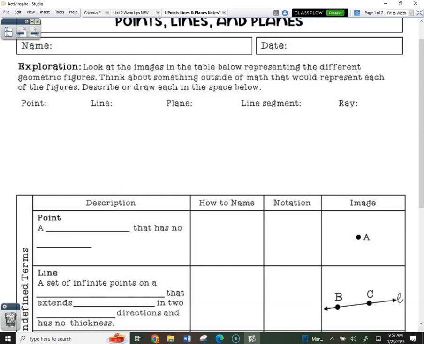Or if you're trying to get home, it's going to take you to that point on the map. So this is where you can either draw a picture or write an example. Like a town on a map, or like a marble in terms of what it actually looks like.